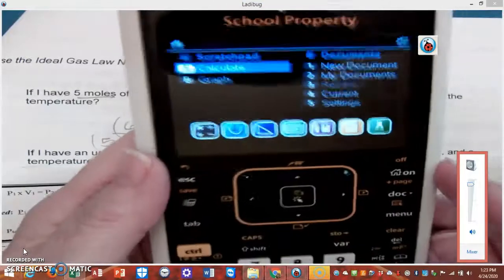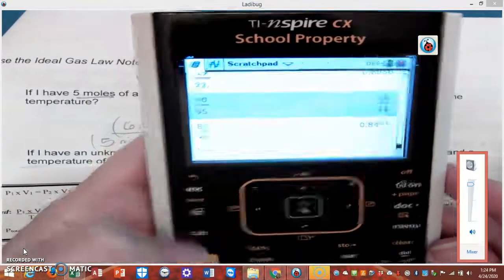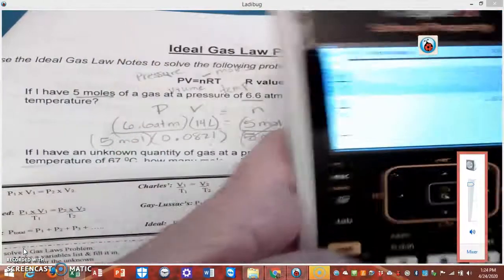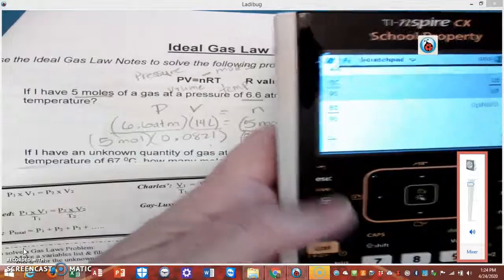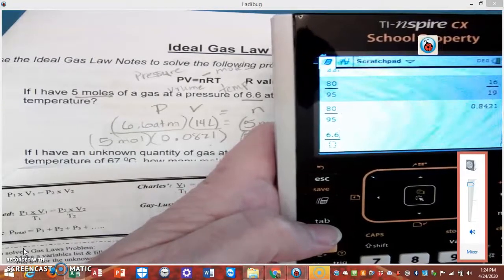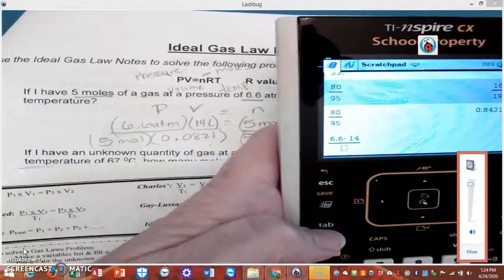Okay, let's hope we can see this. You know how these calculators are. Okay, so we're going to divide. So control, divide. And what's on top? We've got 6.6 times 14. On the top, on the bottom, what do we have?